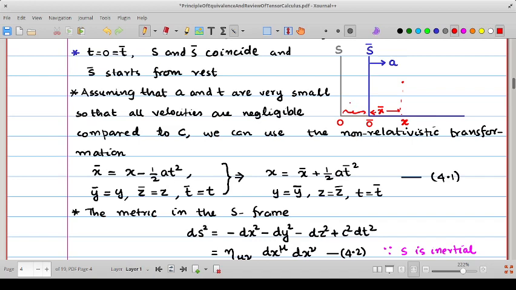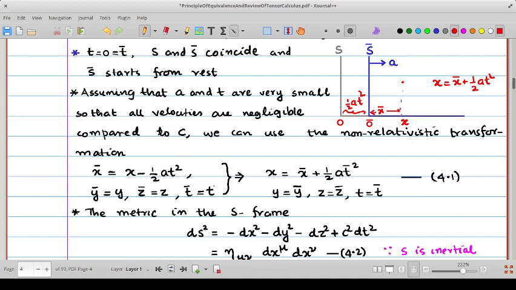But this distance is given by half a t square. Now from this geometry we see that x is equal to x bar plus half a t square, or in other words, x bar is equal to x minus half a t square, and that is this equation. Now y bar and z bar do not change.